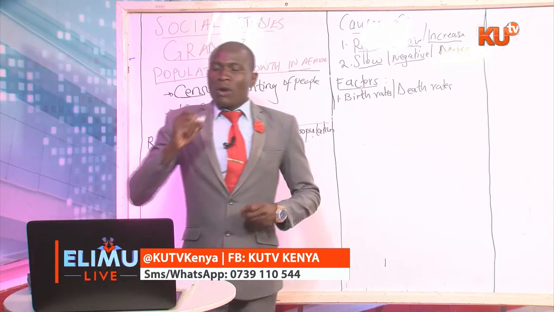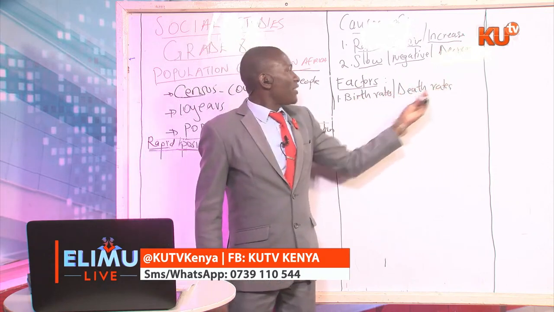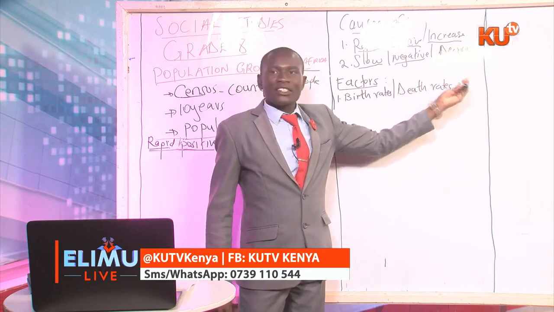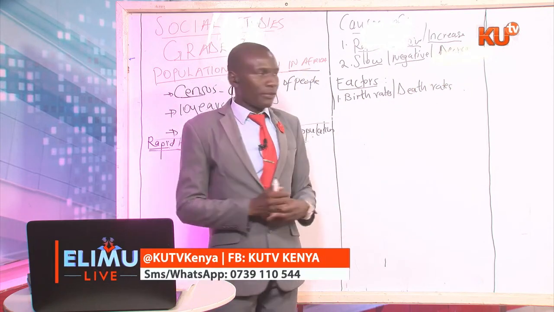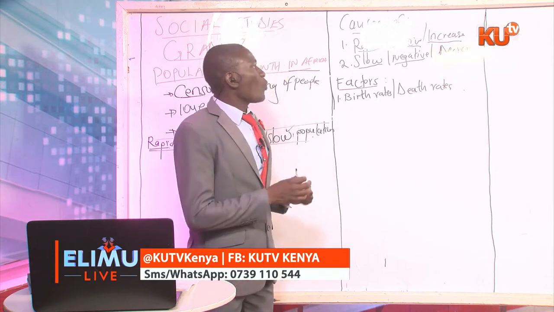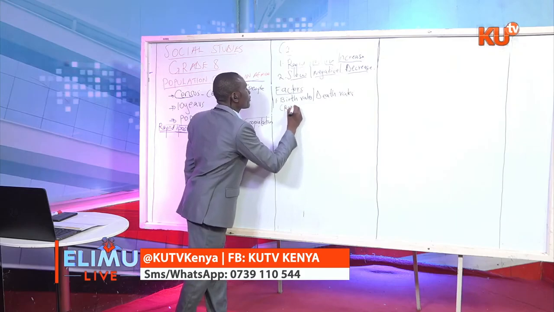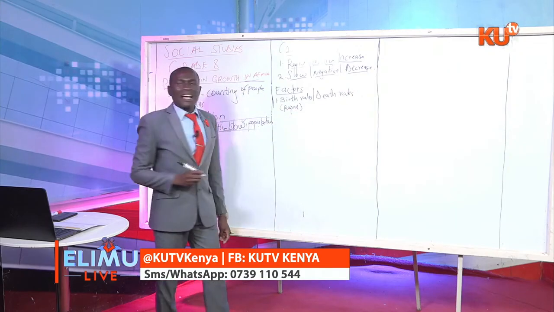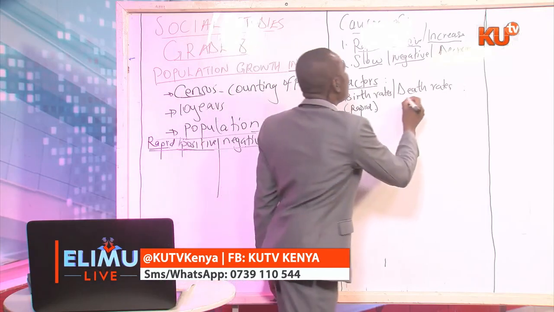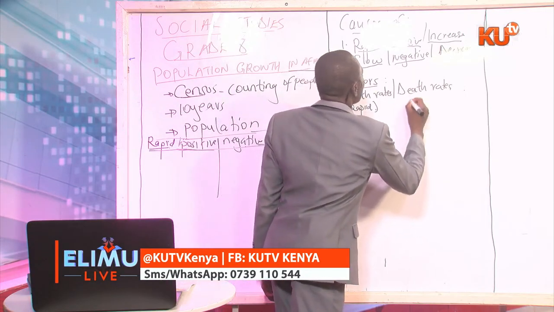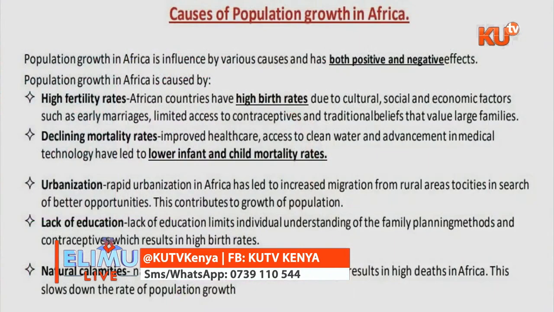Now, high birth rates and high death rates will both have an effect on population growth. Birth rates will have an effect on rapid population growth, whereas death rate will have an effect on negative population growth.